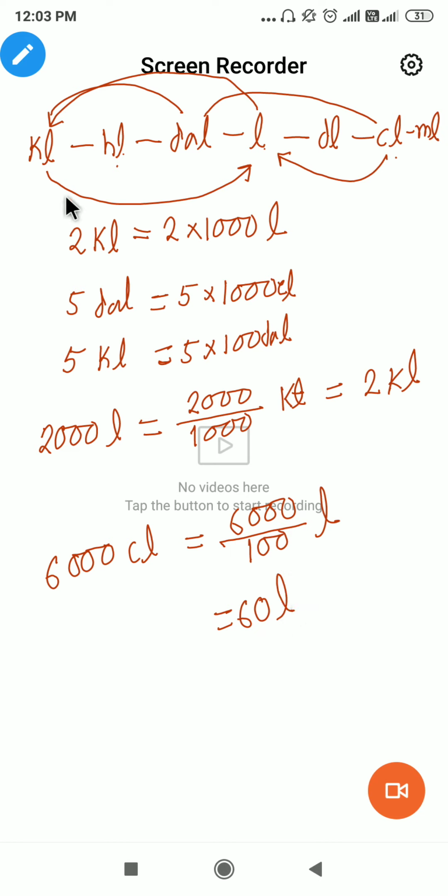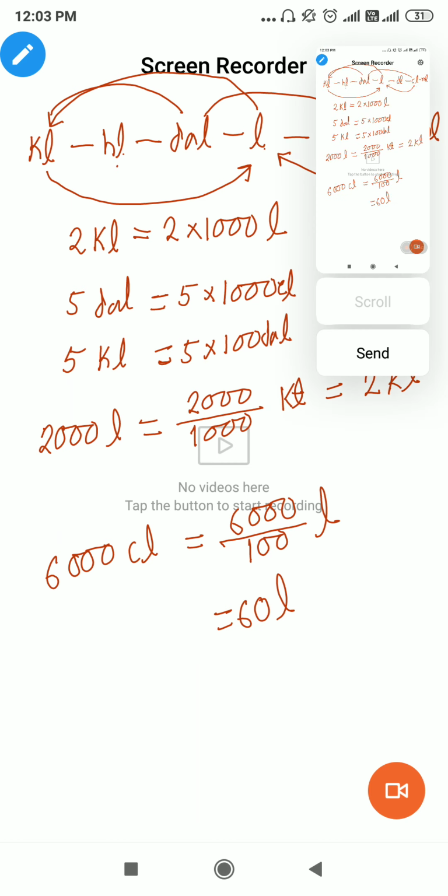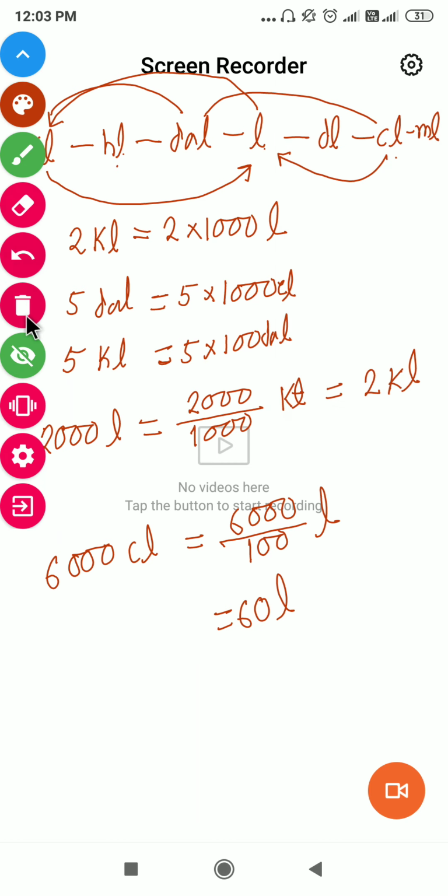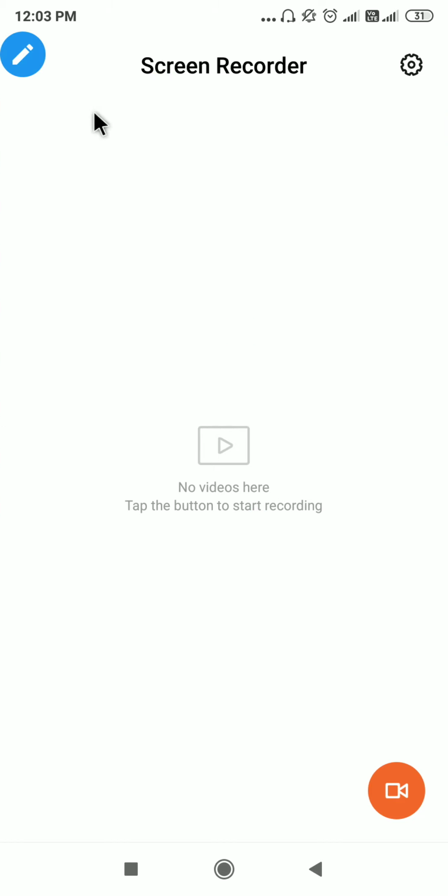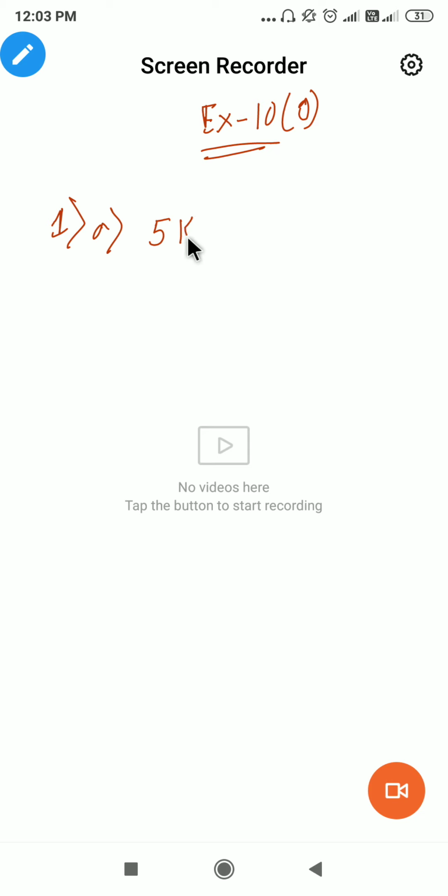Now go to our exercise. In exercise 10G, question number 1 is given: 5 kiloliter 270 liter. So you have to convert both to liter.